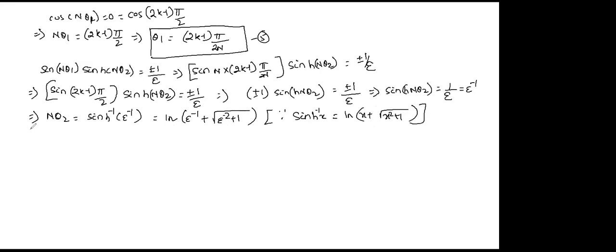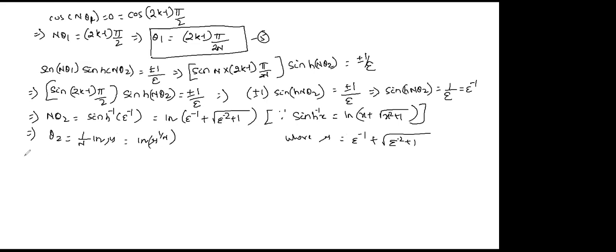That is theta 2 equals 1 by n ln. Let me use one term mu, where mu equals epsilon inverse plus square root of epsilon to the power minus 2 plus 1. Then theta 2 equals 1 by n ln mu, that is ln of mu to the power 1 by n.